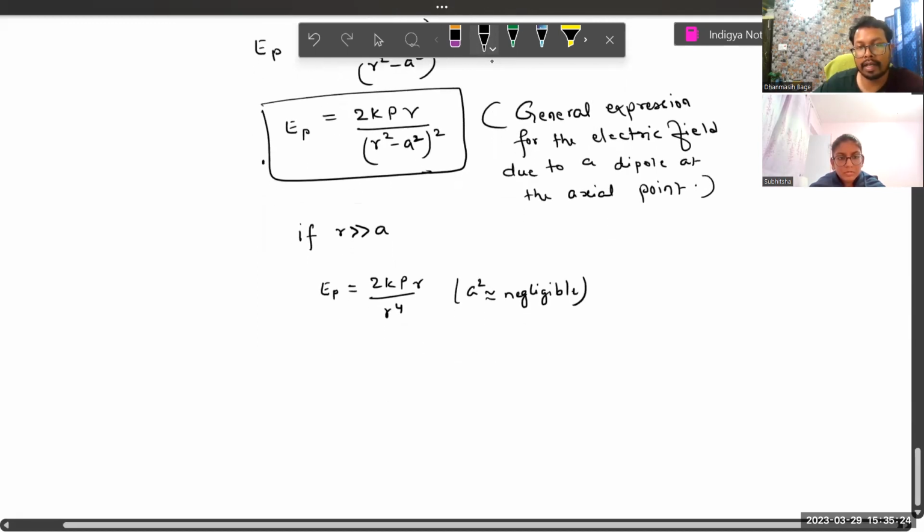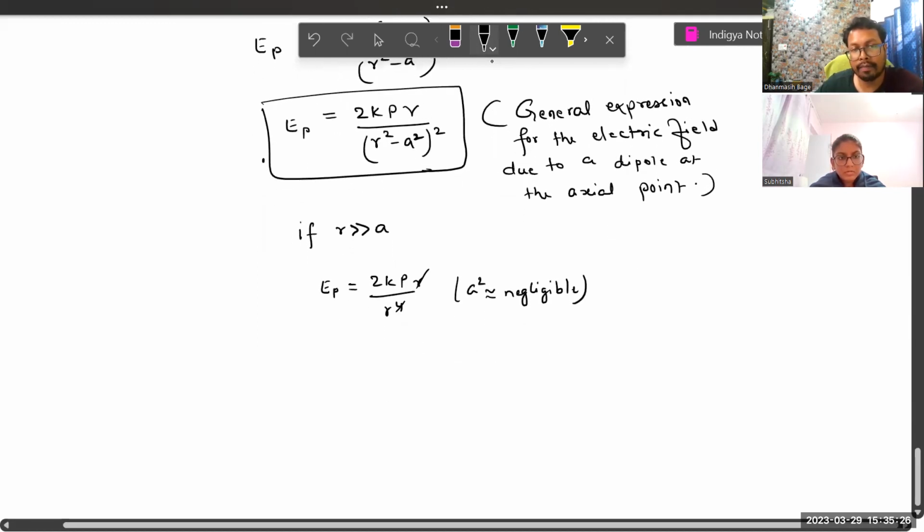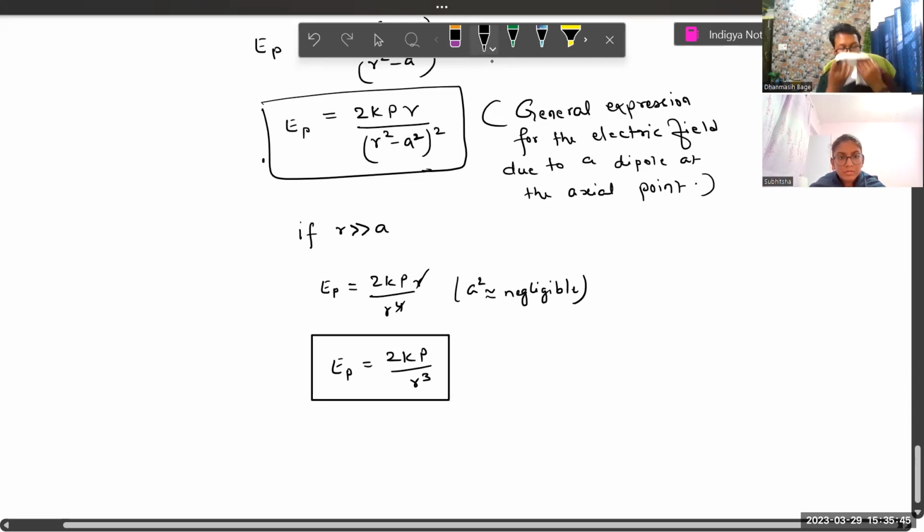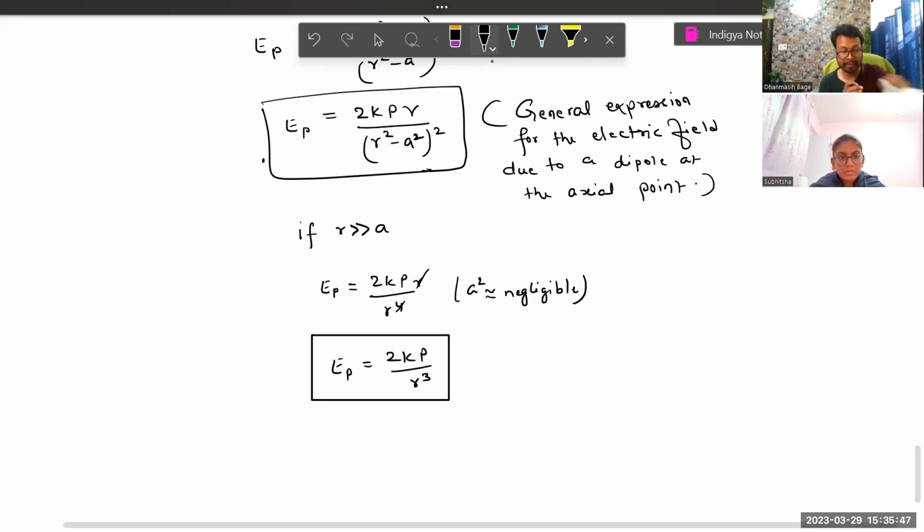Only R is very large. So now you cut this part, you will be getting EP is equal to 2KP by R cube. Understood this part?